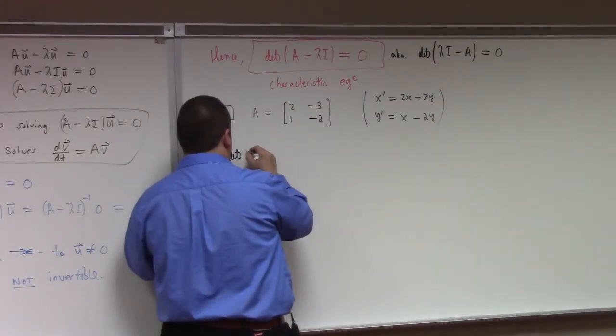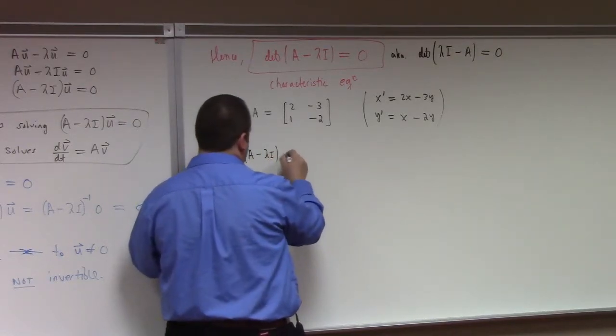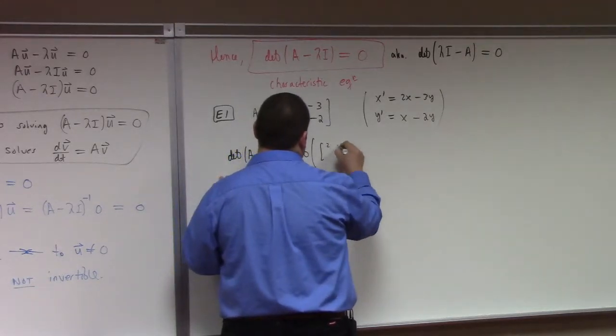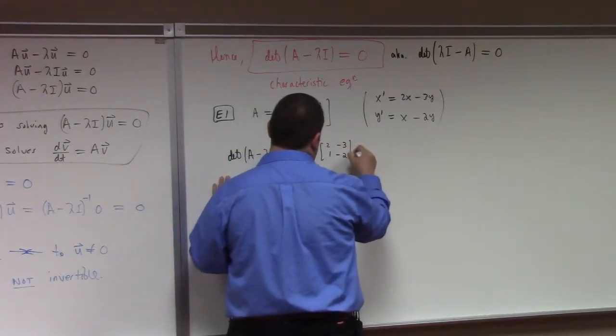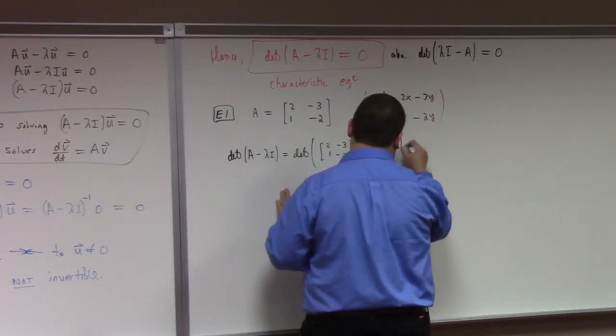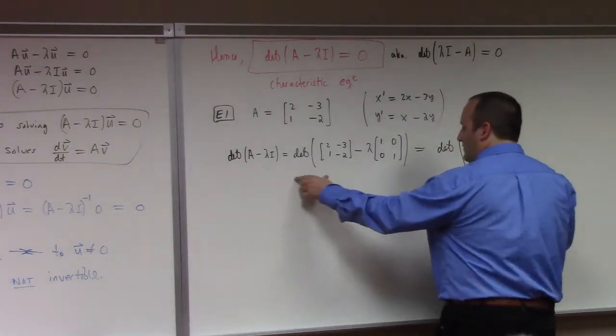So the determinant of A minus lambda I, what is that? Well, that's the determinant of 2, minus 3, 1, minus 2, minus lambda times the identity matrix, which is 1, 0, 0, 1. I don't usually write down this step, okay?